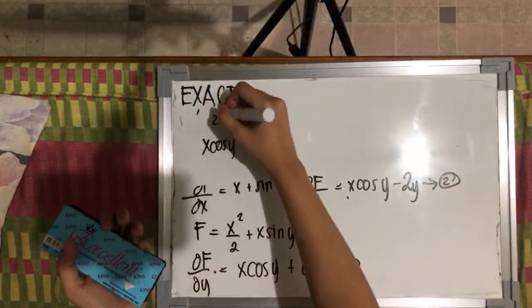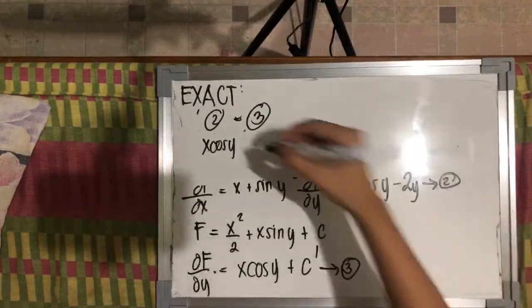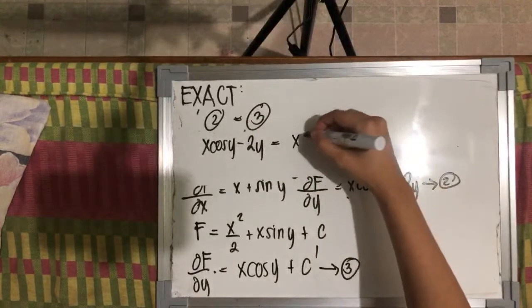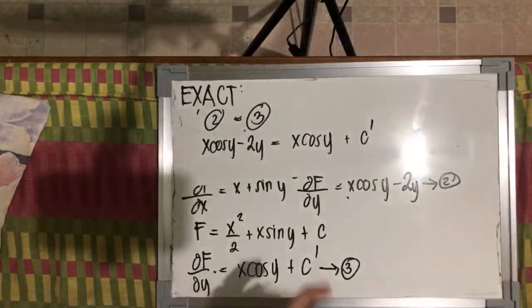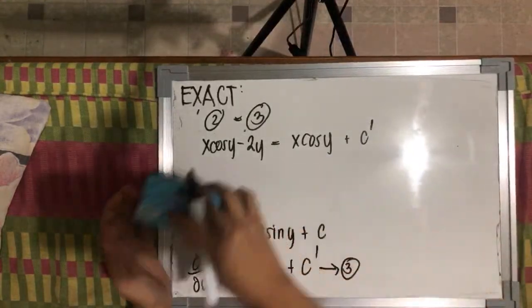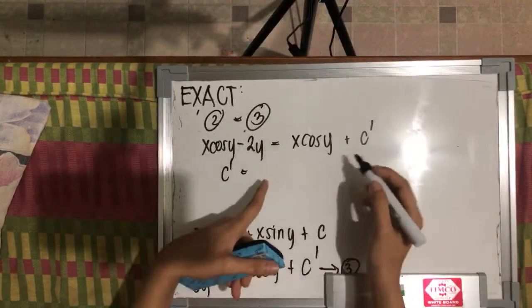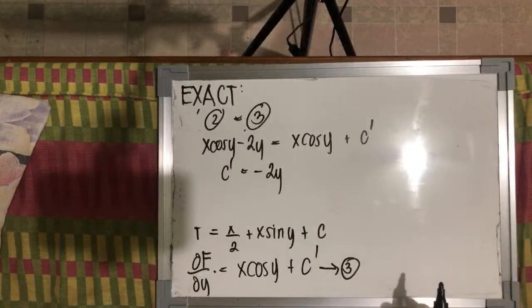So, dito i-equate ko yung equation 2 is equal to 3. So, x cosine y minus 2y is equal to x cosine y plus c prime. So, dito, makukuha ko na yung value ni C prime, which is negative 2y.